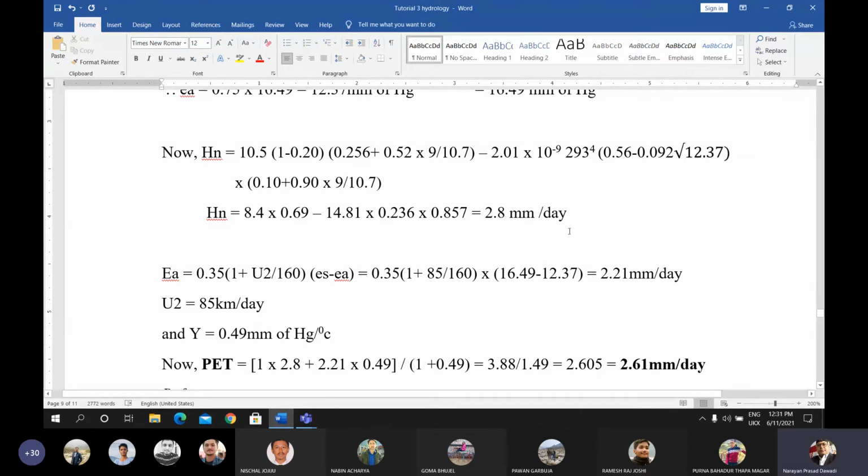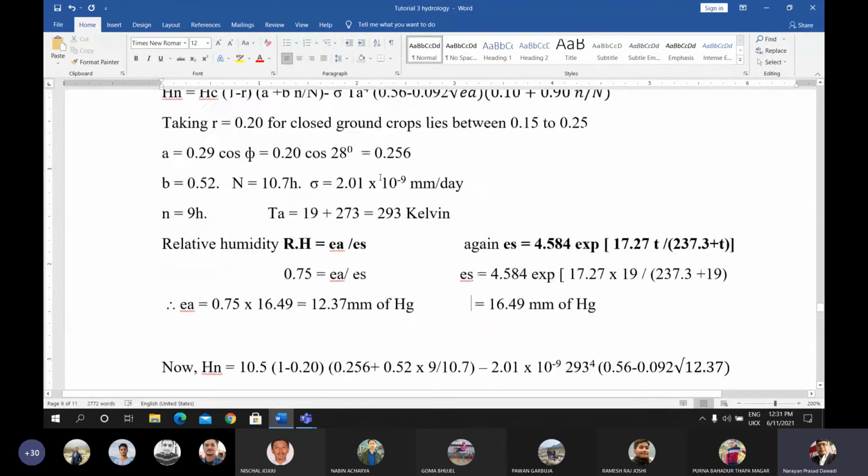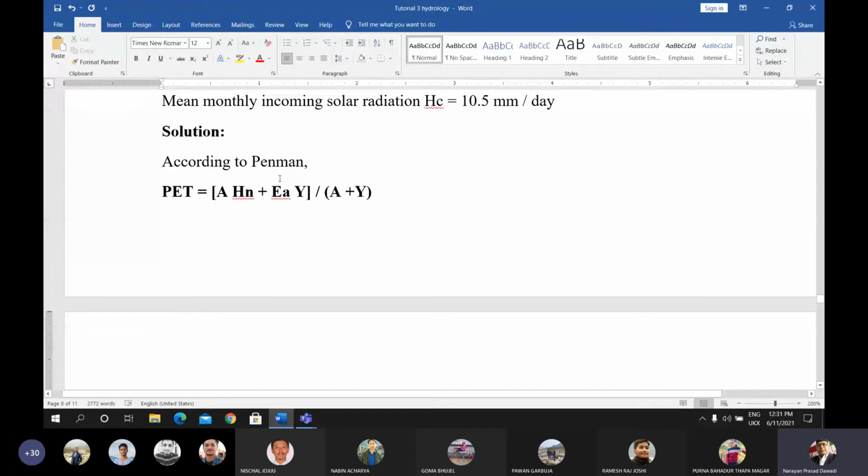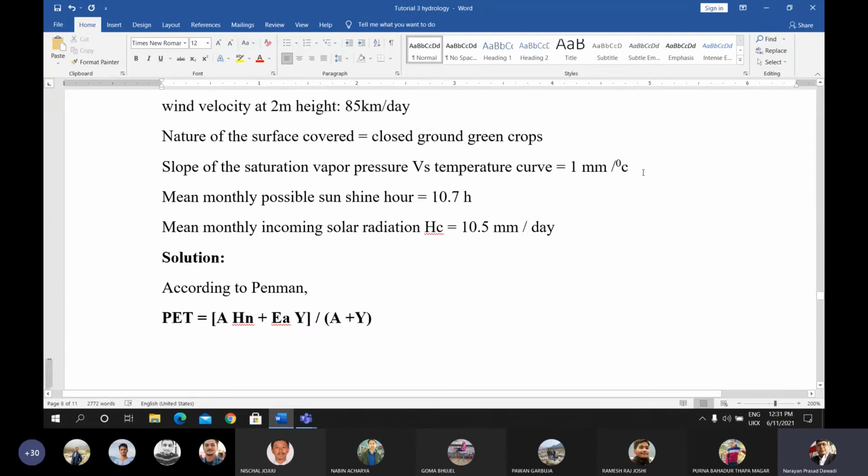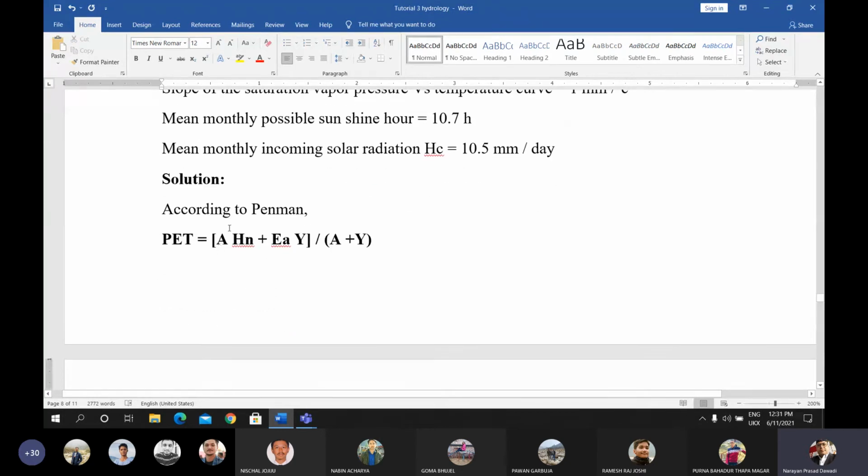After finding this Hn, we have been given in the question 1 mm per degree Celsius.